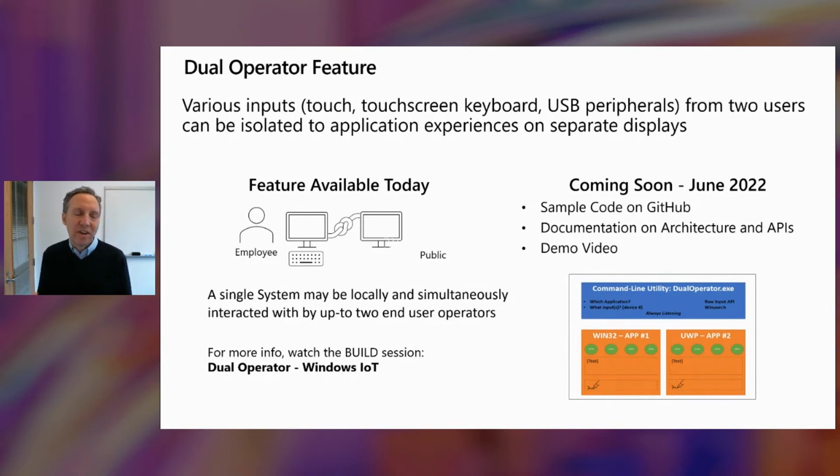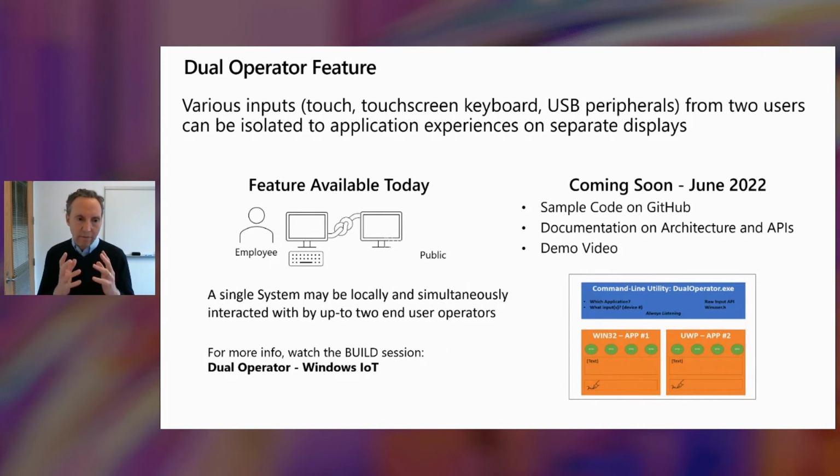So kind of the scenario might be, let's say, a retail scenario. You have an employee, a retail clerk on the left in this diagram here, and then maybe you have a customer on the right side. They're both using their own displays. They have their own maybe keyboard or mouse or touch or pen input. But it's one application taking input from both people and displaying a different user experience to both people.